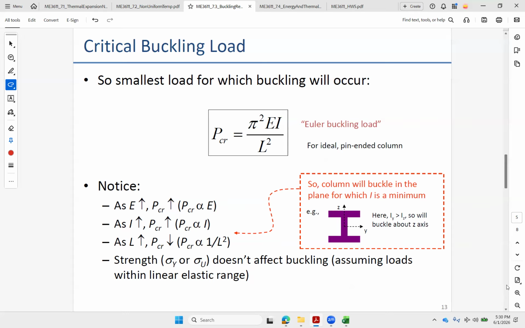If that same 1 foot by 1 foot I-beam is only 1 foot tall, we're going to have to push really, really high to get the buckling to occur because the length is so short. Then we're going to fail the part by general yielding. So we can check and see whether the general yield happens first or the buckling load and buckling stress happens first. Whichever one is lower is what's going to happen first.